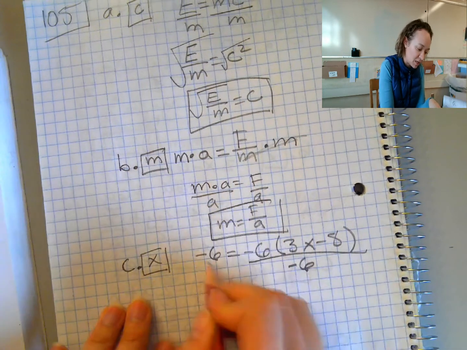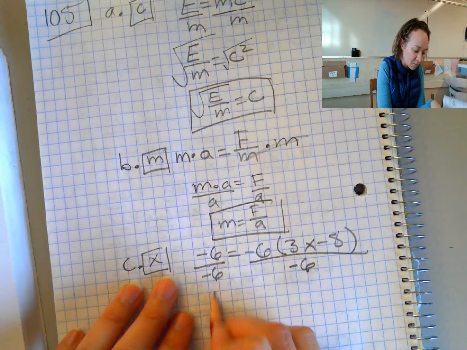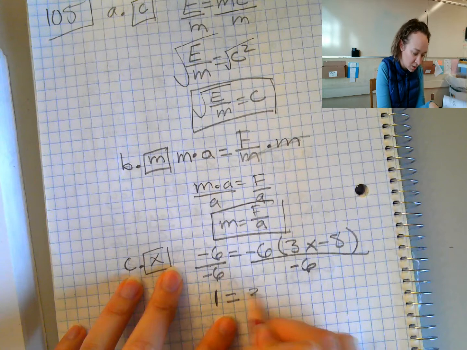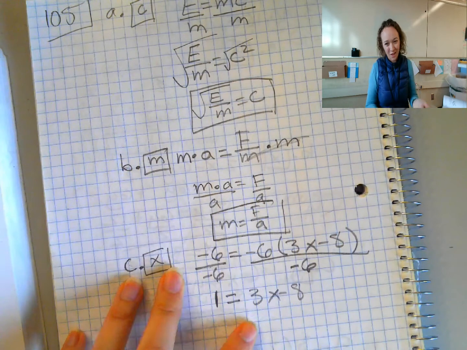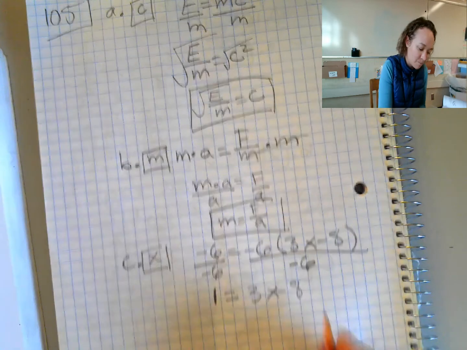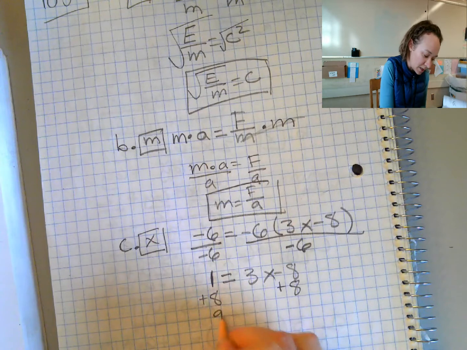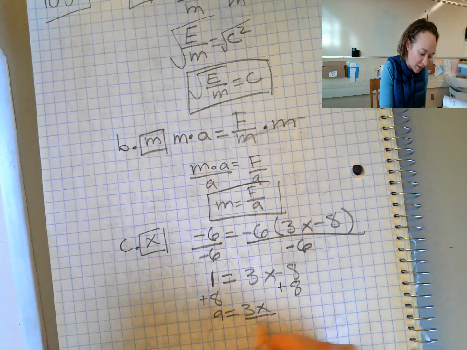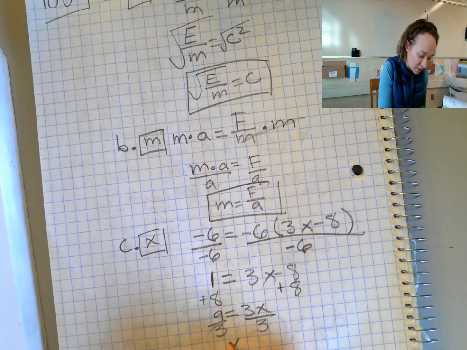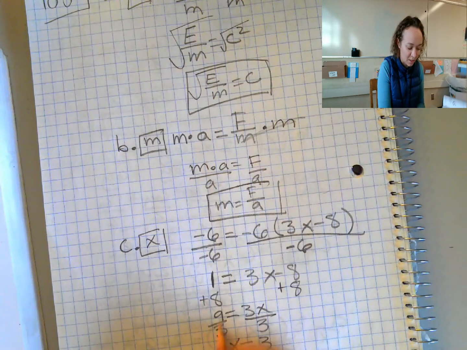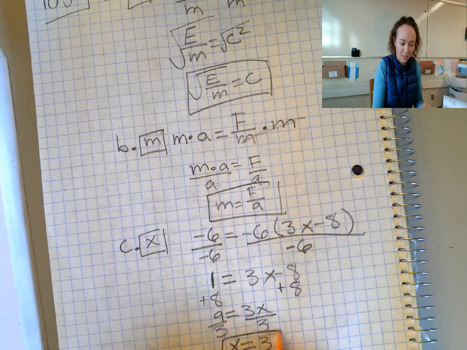I'm going to divide by negative 6 on both sides. So that gives me a positive 1 equals 3x minus 8. If you did it the other way, it would still work. And then I'm going to add 8. So I get 9 equals 3x. I'm going to divide by 3 and get x equals 3, because 9 divided by 3 is 3.